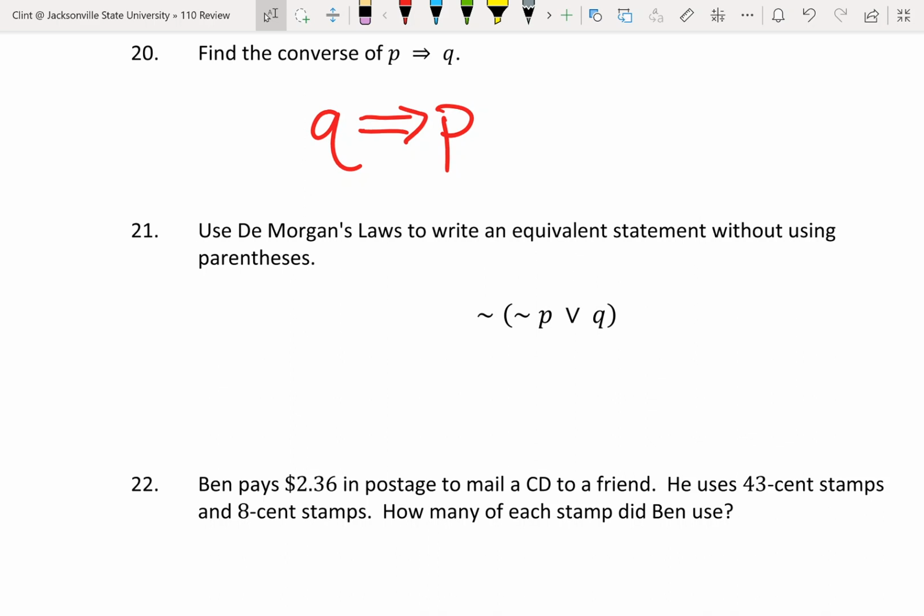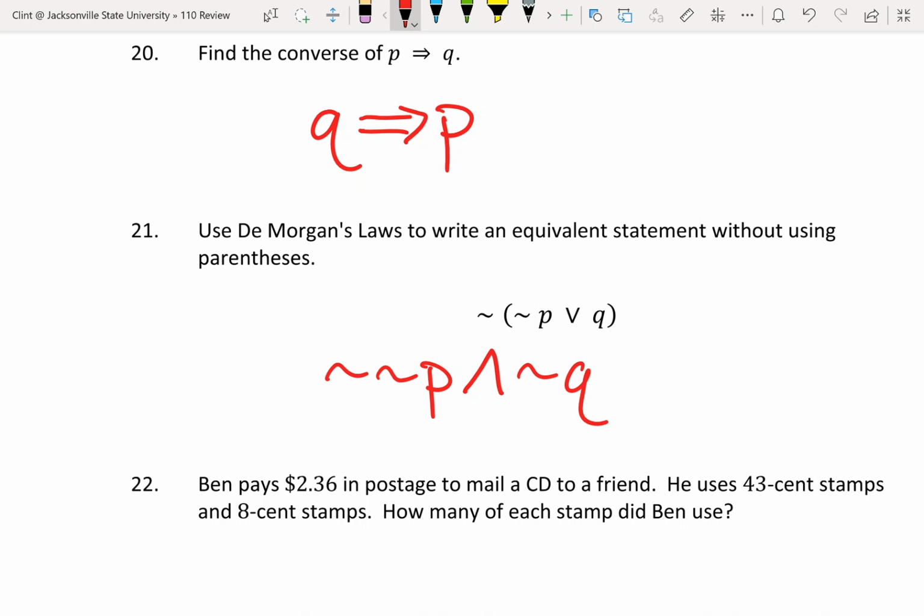21 says use De Morgan's laws to write an equivalent statement without using parentheses. So we're just distributing the squiggle on this one. So how do we negate this thing in the parentheses? If we distribute the squiggle, we would squiggle the first one, flip the sign in the middle, squiggle the second one.